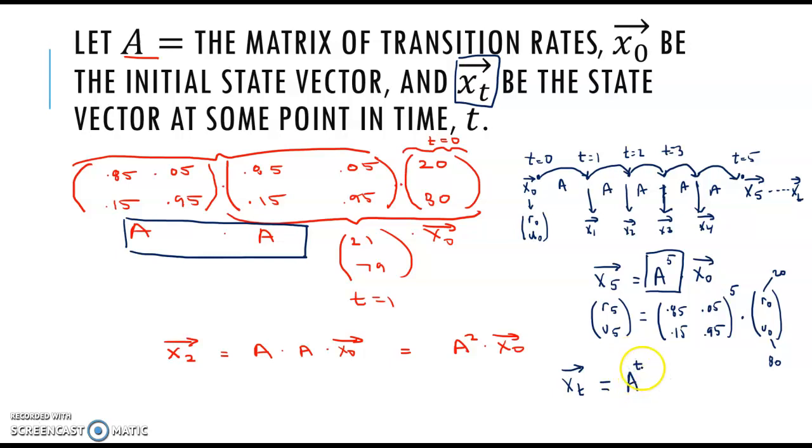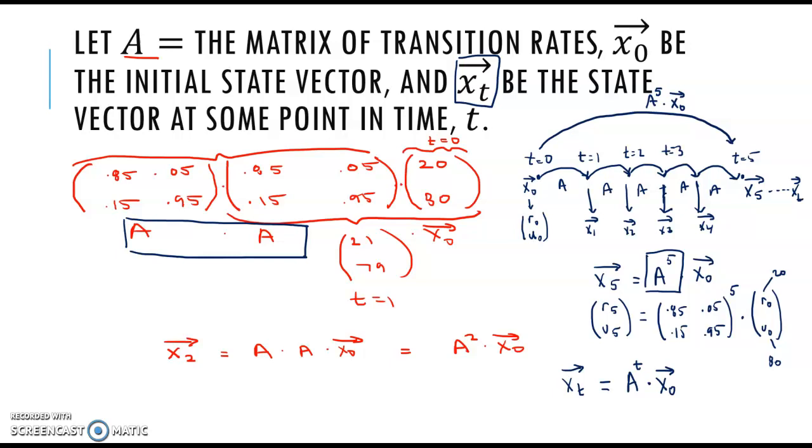This is not the transpose operator, by the way. This is little t, not capital T. So this is actually a power here, multiplied by our initial state. Okay, so there's our process to getting ourselves directly from time 0 to time 5. We take our initial state, x0, we multiply it by A raised to the 5th power, and there we go.